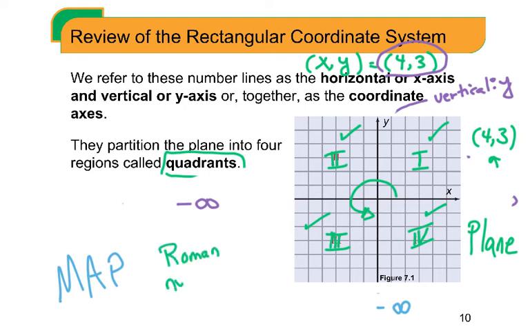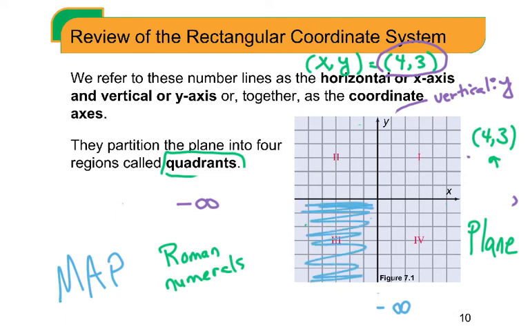That's just convention. But if I say something about quadrant 3, you need to know what I'm talking about. I'm talking about some point down here in this quadrant. Whatever point you're looking at down here, the X coordinate is going to be negative, isn't it? And the Y coordinate is going to be negative.